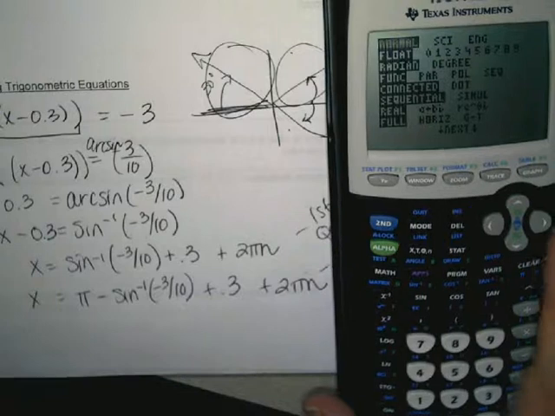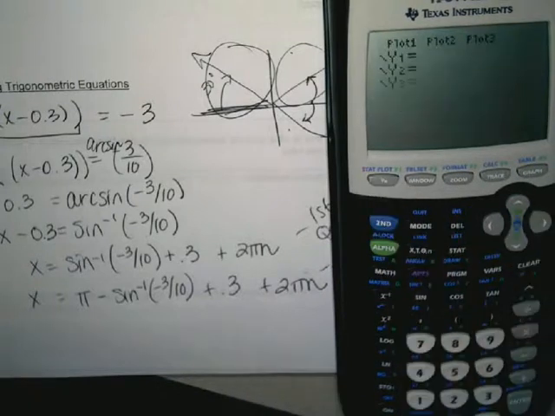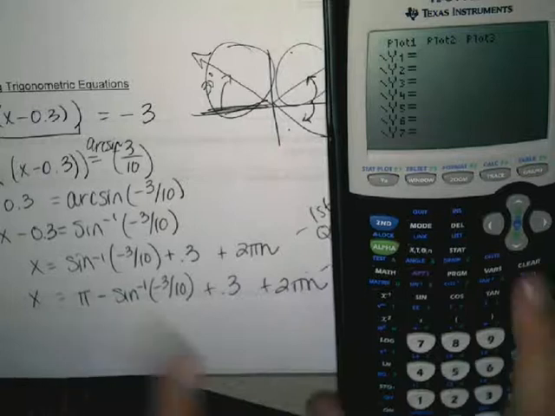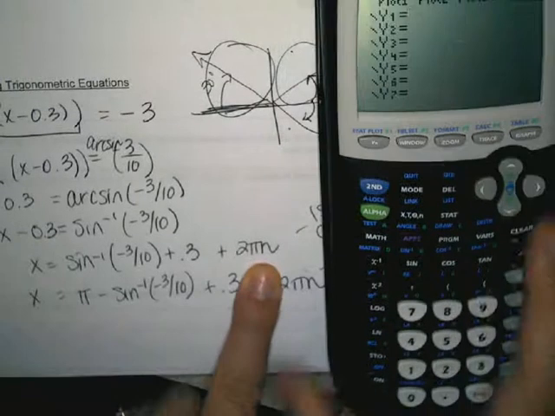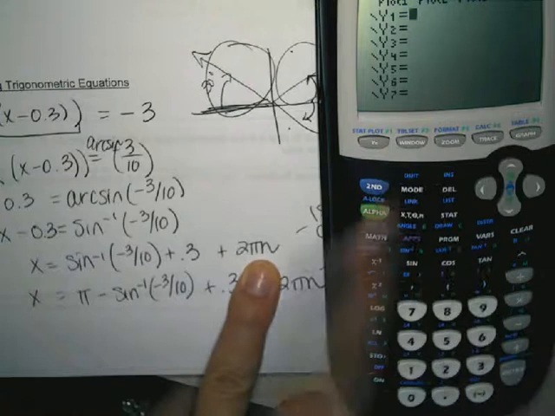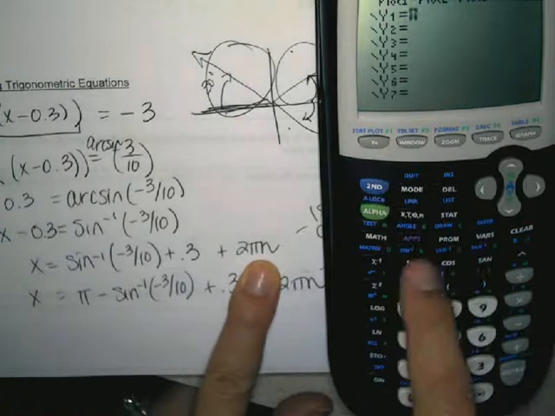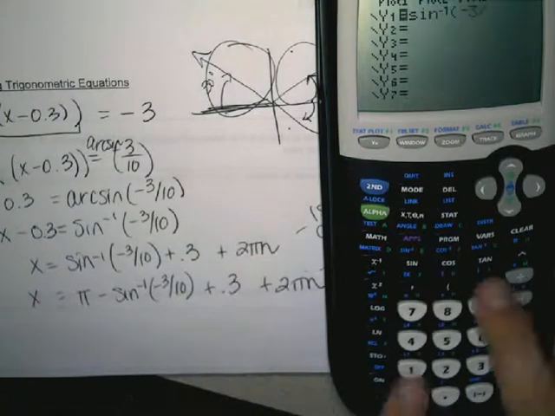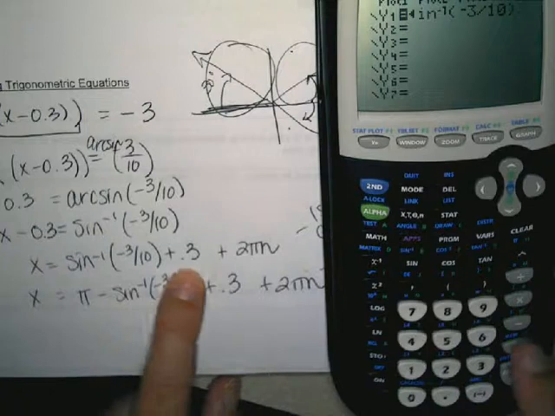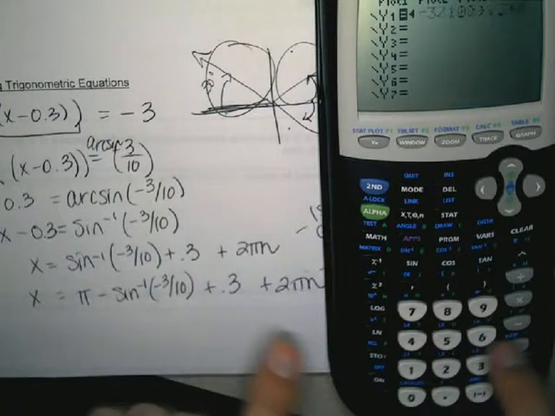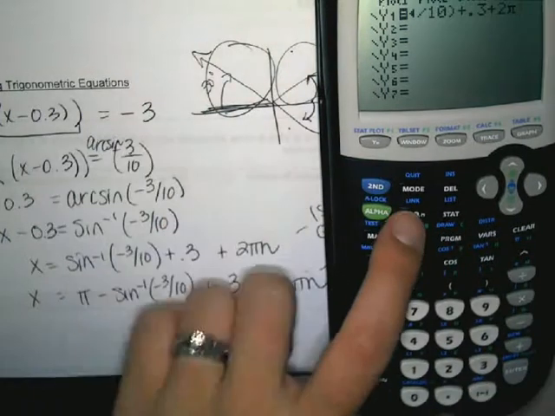And the next one will be exactly the same, except you'll have pi minus sine to the negative 1 of negative 3/10 plus 0.3 plus 2 pi x.